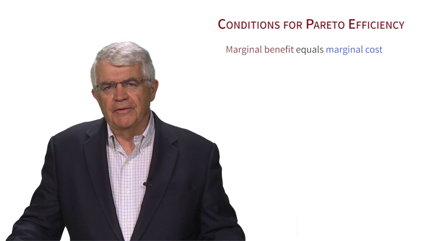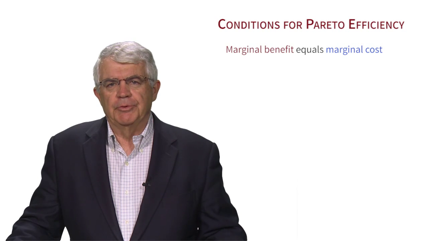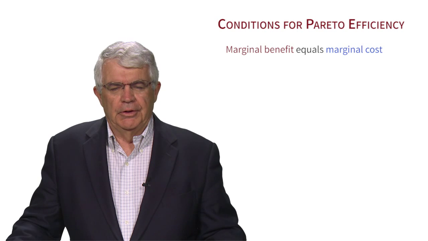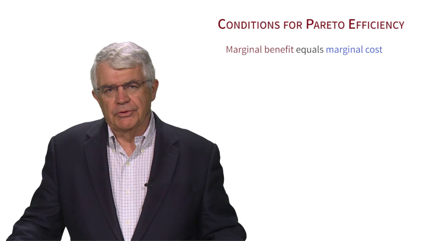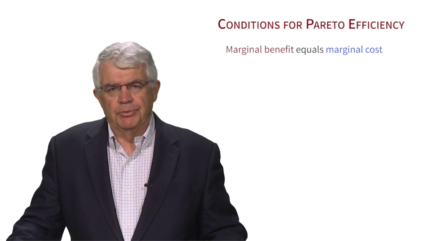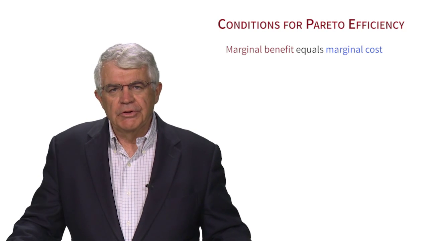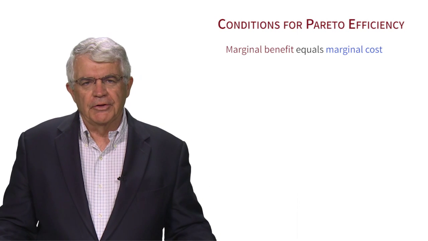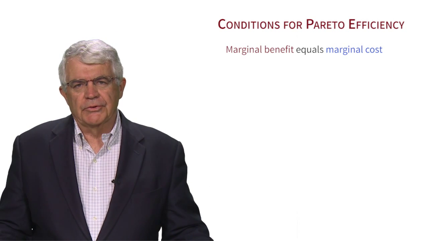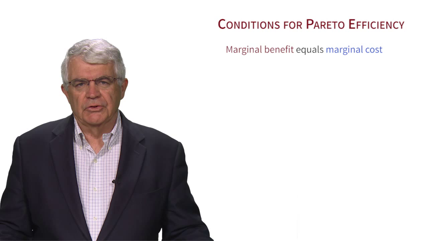If the marginal benefit was greater than the marginal cost, then you should be producing more of that good. If the marginal benefit is less than the marginal cost, then you should be producing less of that good. It is not worth the cost. It's only when marginal benefit is equal to marginal cost that it should be efficient.